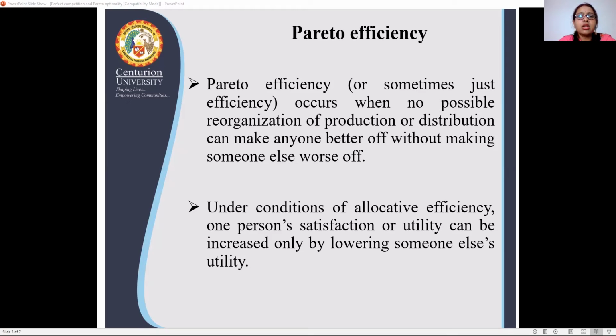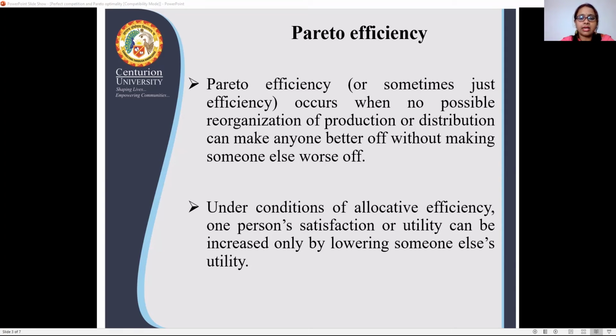And PPF shows the maximum amount of guns that the economy can produce given no butter is produced, and the maximum amount of butter that can be produced given no gun is produced. Between these two extremes, if we want to produce more butter, then the production of guns has to come down. So there will be options which can give different combinations of butter and gun.